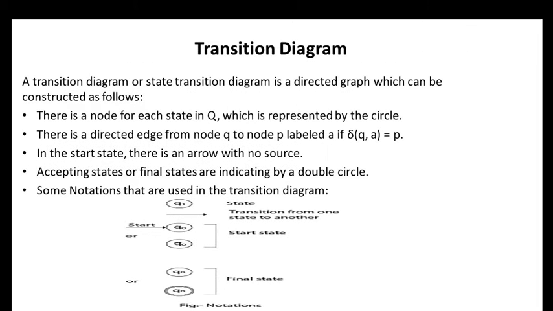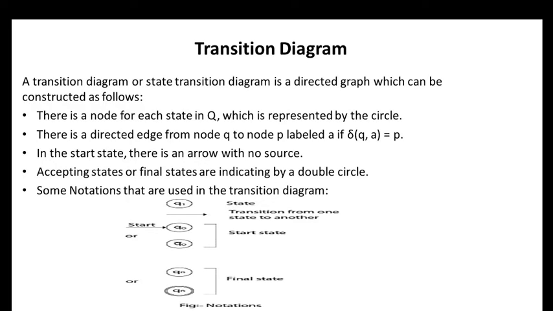Next one, transition diagram. What is the transition diagram? After we write the mathematical expression for the finite automata, we have to write the transition diagram for that automata. A transition diagram, also called a state diagram, is a directed graph which can be constructed as follows.